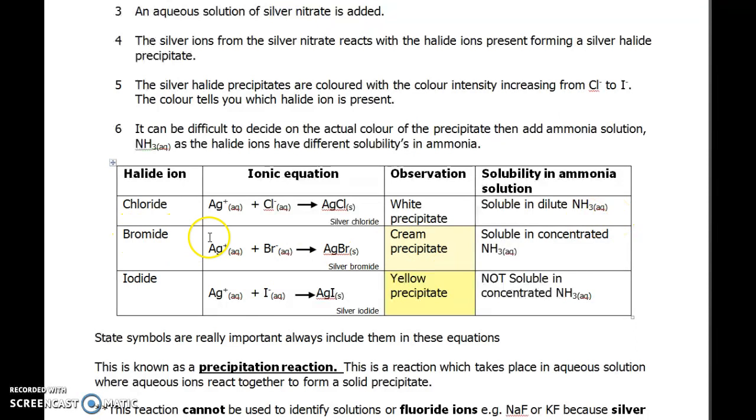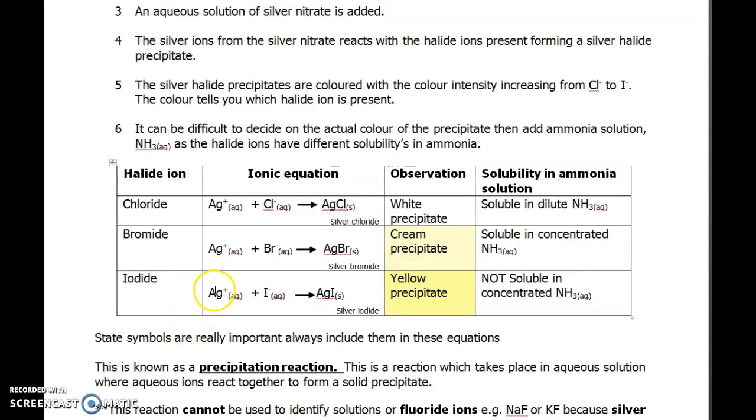If you've got bromide ions present, the bromide ions will react with silver ions to form solid silver bromide. We observe a cream coloured precipitate, and this precipitate is not soluble in dilute ammonia, but it will dissolve in concentrated ammonia.